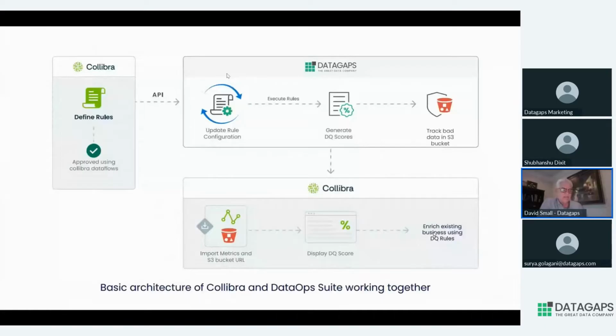But there was a little bit of an extra step in there. Now, if we would introduce Gen AI into this process, it would be much more seamless. So now we would read the rules, Gen AI would create the rules, we'd execute the rules and give the information. We'd track the bad data. We would be able to give the scores back to Collibra and so on.